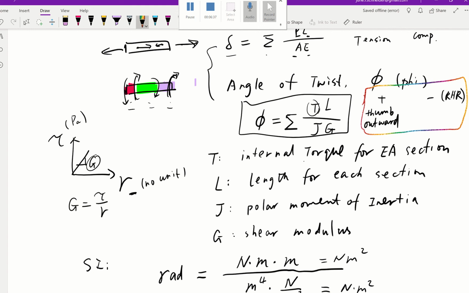Earlier in one of the videos we talked about how it's very important to use the right-hand rule to figure out the positive and negative, because it matters for angle of twist. One segment could be twisted in one direction, and the other one could be twisted in a totally different rotation. In that situation, you cannot add those radians together, you have to actually subtract. That's why this sign convention is very important to follow.